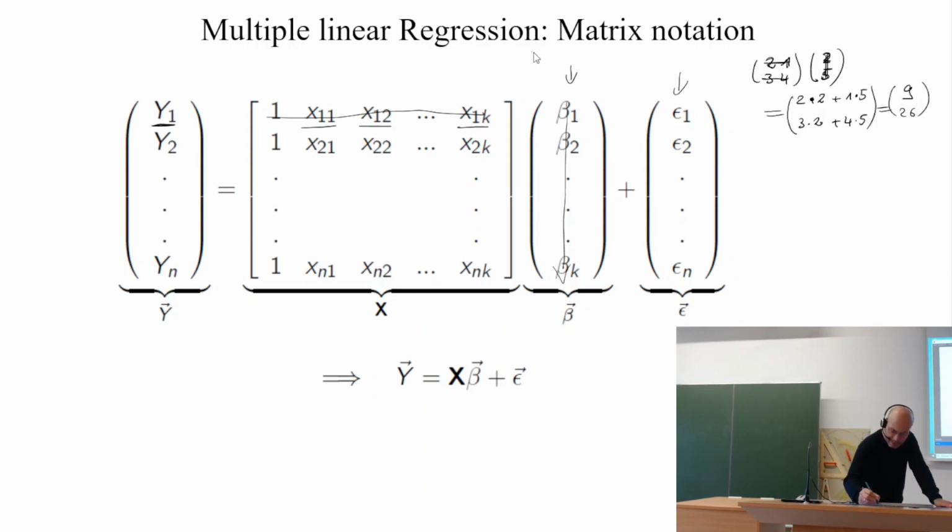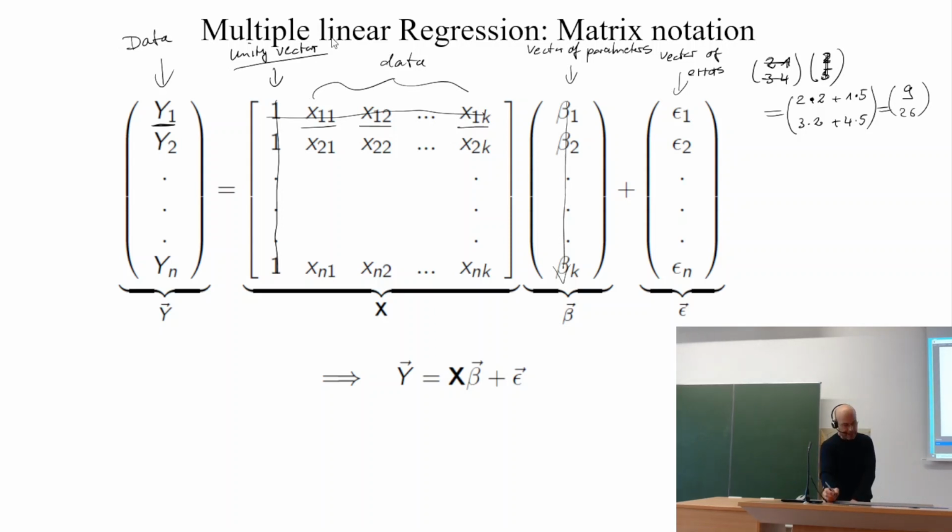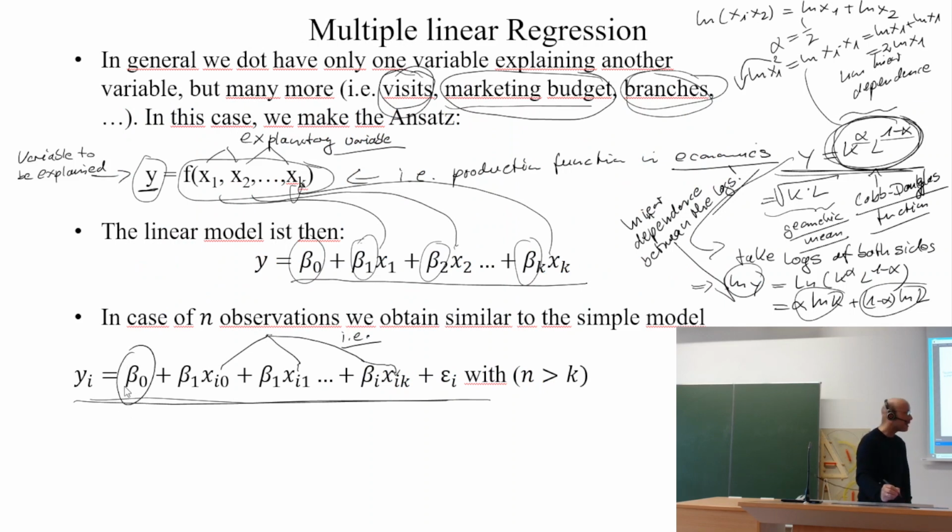So this is the vector of parameters. This is the vector of errors, and this is data, and this is data, and this vector of unity we need because we also have this starting parameter beta, which is not depending on one data of x.